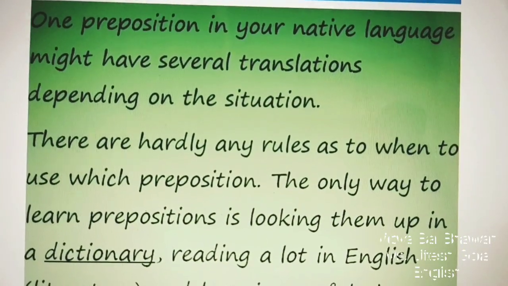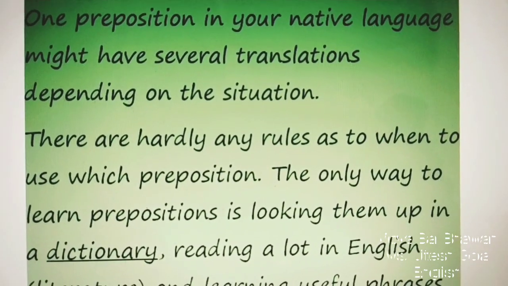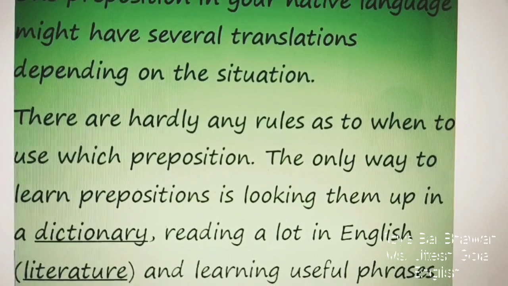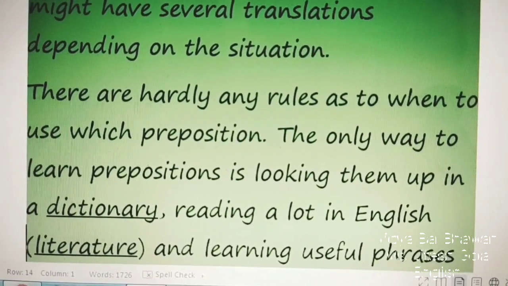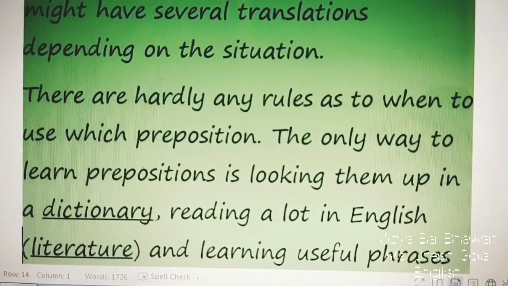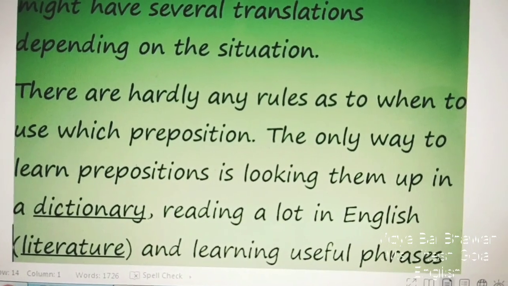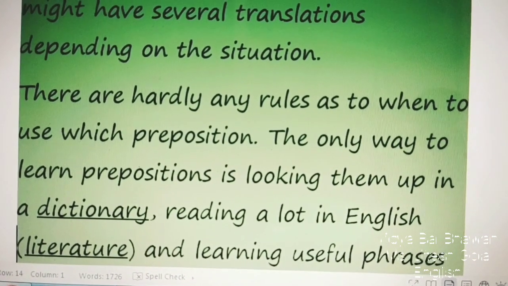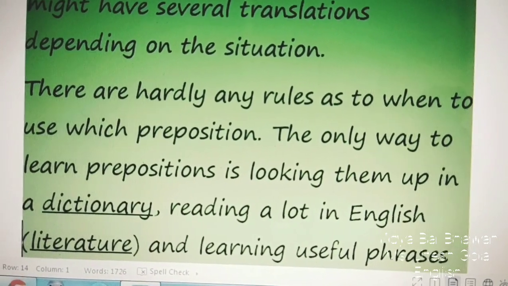If we talk about one preposition in your native language, it might have several translations depending on the situation, and there are hardly any rules as to when to use which particular preposition. The only way to learn prepositions is looking them up in a dictionary to find out the accurate meaning of where you are using it, and reading a lot of English.